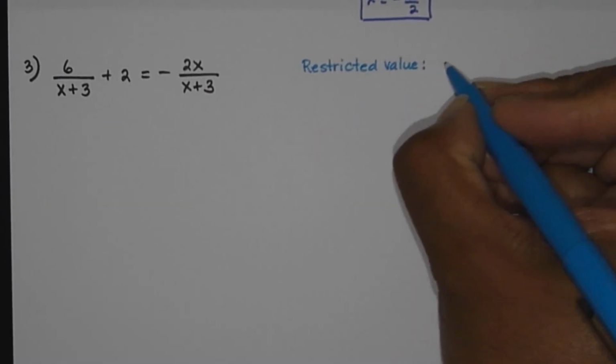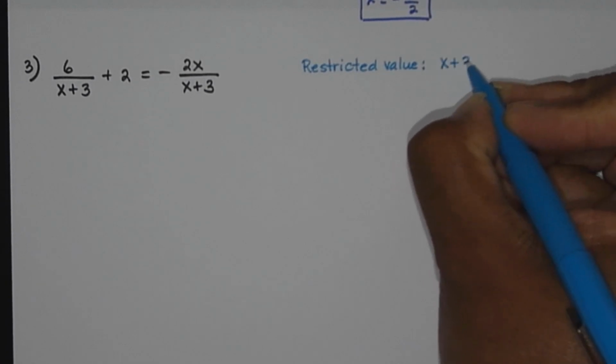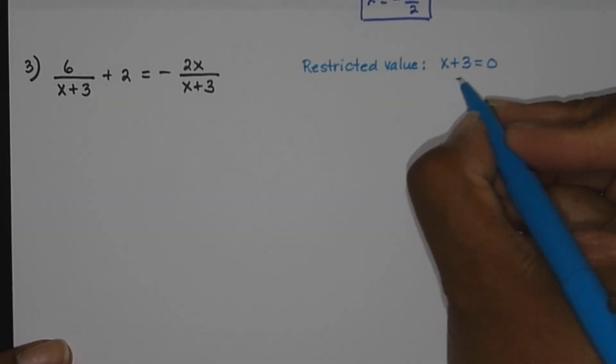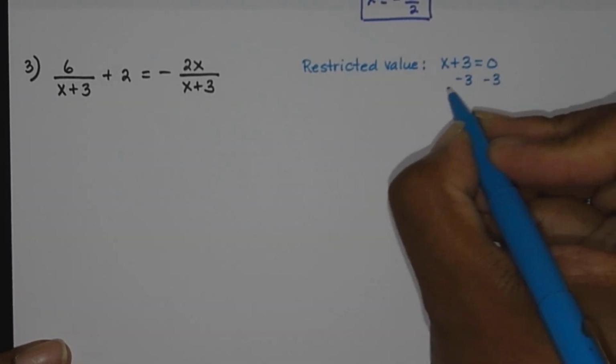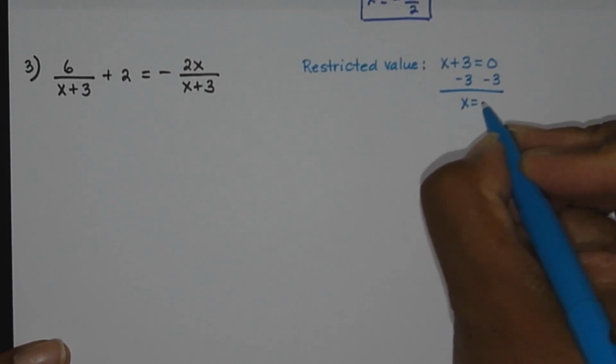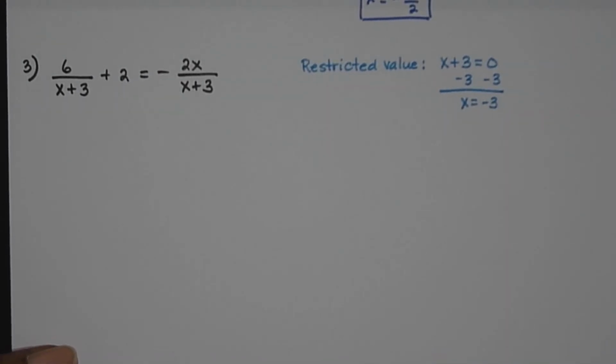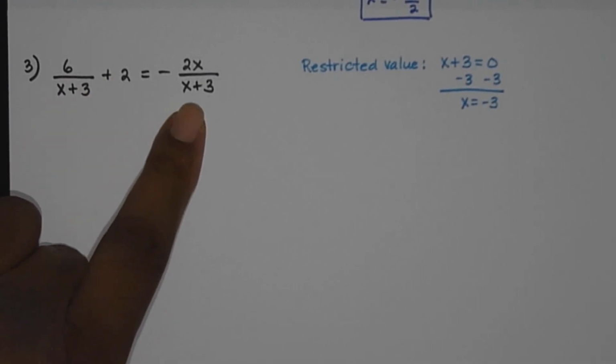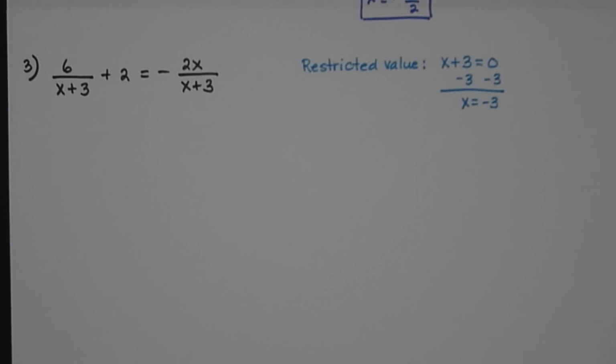So we need to set x plus 3 to be equal to 0 and then solve for x. Now since x plus 3 is equal to 0, what must x have to be? Negative 3. That's your restricted value. That's the value of x that would give you a 0 in the denominator. Okay.